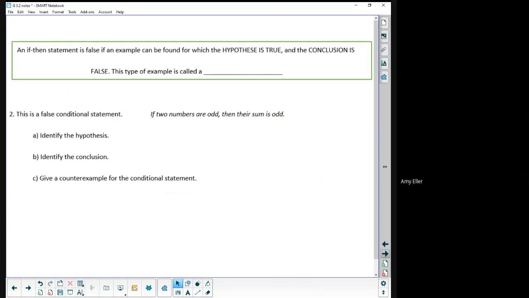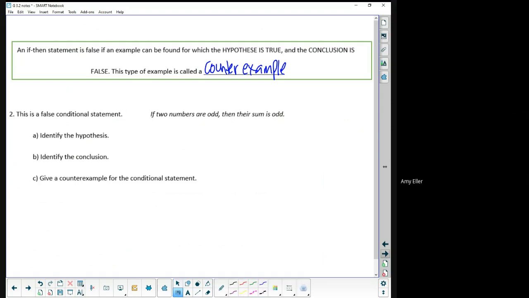Let me read it. An if-then statement is false if an example can be found for which the hypothesis is true and the conclusion is false. This type of example is called a counterexample. Then I want you to write this sentence.